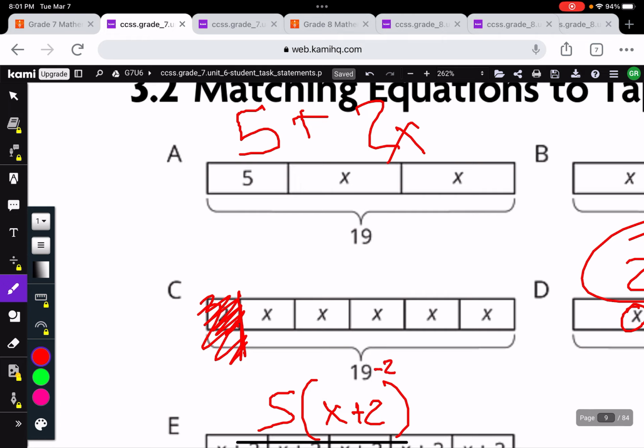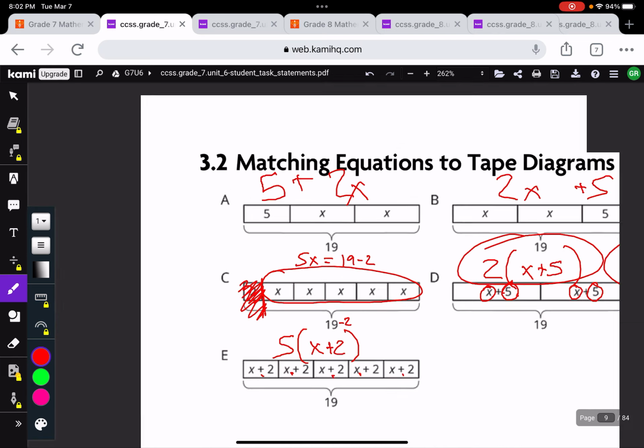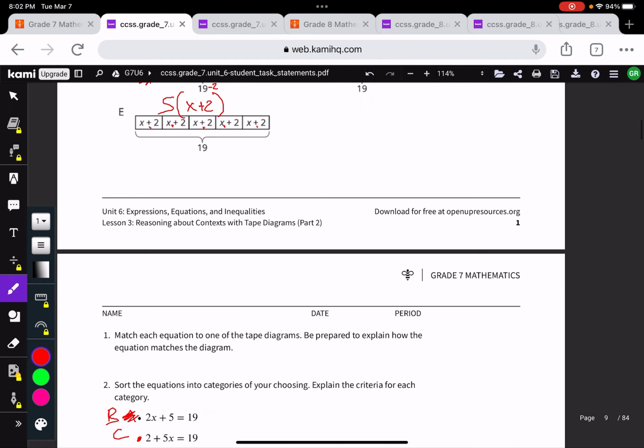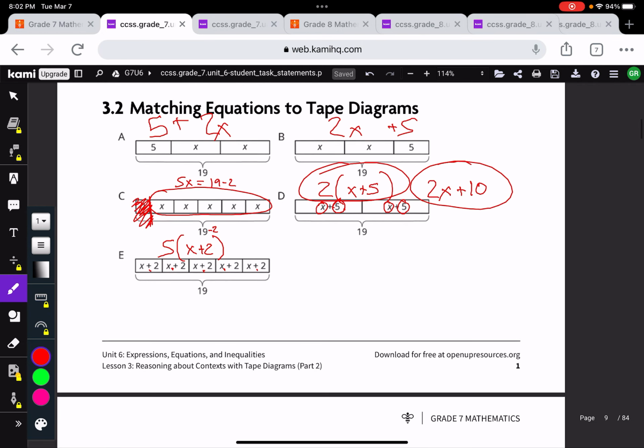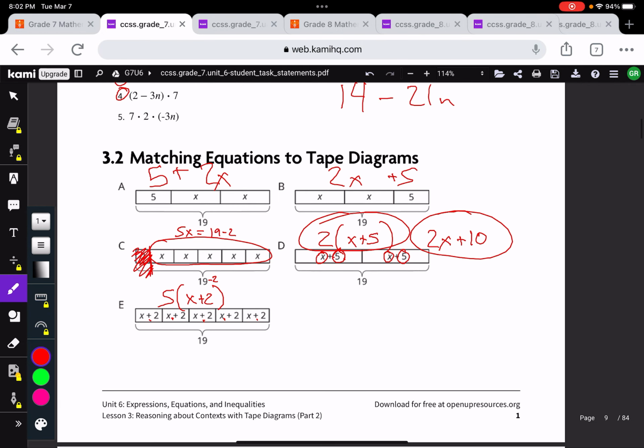I'm going to get rid of 19. And now I have 5x's. There are 5x's. That's equal to 19 minus 2. So if you look down here, C is actually that one. 19 minus 2 is equal to 5x's. So kind of tricky to see. Now this other one, maybe you saw it already, maybe you didn't.